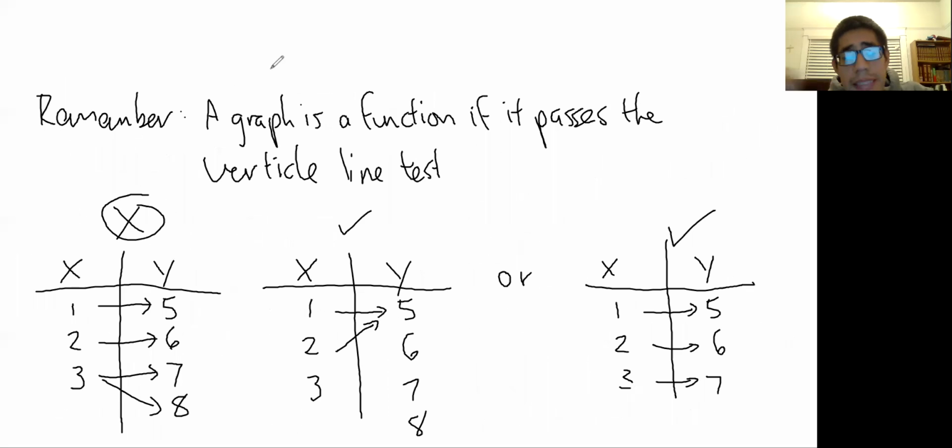So takeaways from this video. Remember, a graph is a function if it passes the vertical line test, or if you figure this out mathematically or using numbers. It's okay to have the ones with the check marks. For example, the first one here, the x values 1, 2, and 3.